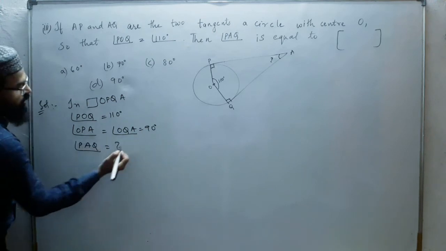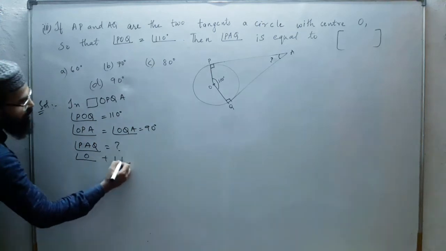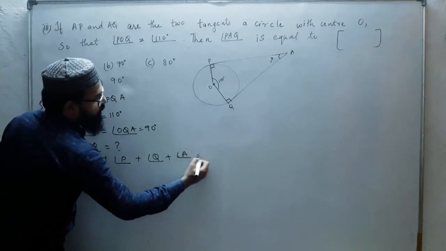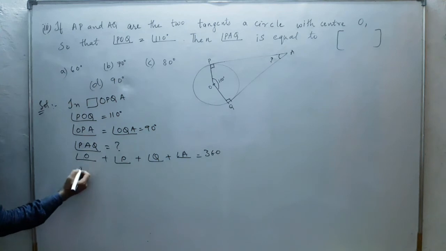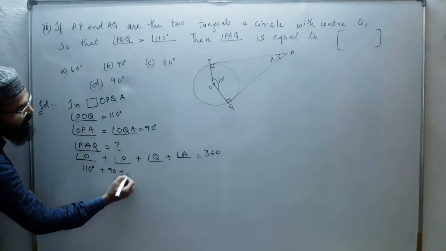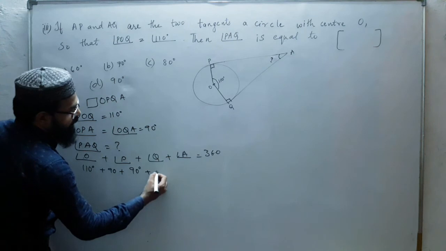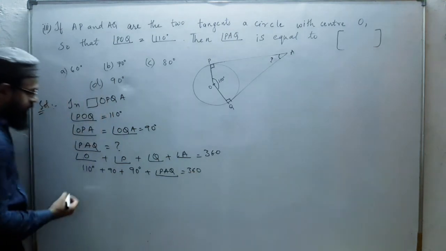PAQ is equals to question mark. We know that sum of all angles in a quadrilateral is 360 degrees. So angle O plus angle P plus angle Q plus angle A is equals to 360 degrees. Angle O is 110 degrees plus angle P is 90 degrees plus angle Q is 90 degrees plus angle A, A is nothing but PAQ, is equals to 360 degrees.